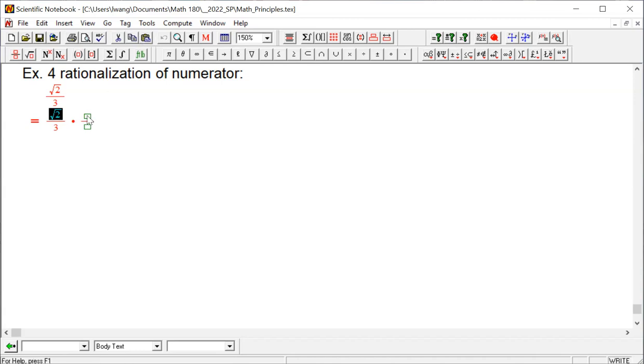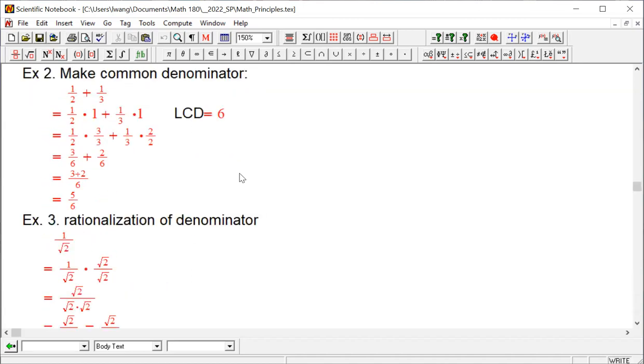So if we multiply by another root 2 over root 2, which is 1, it doesn't change the value, and we will be able to get rid of the radical in the numerator. Now you may wonder, will we have a situation where we do that? Well, yes, you will. Of course, these are simple examples. There will be more examples coming in the semester.